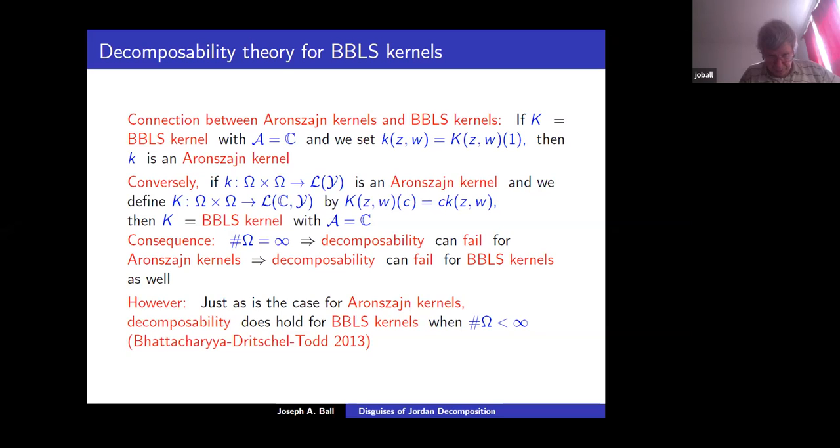Conversely, if you have an Ehrenpreis kernel, then you get a BBLS kernel, but your algebra is just the complex numbers. You just take the C and come out scalar. And we already discussed Ehrenpreis kernels.